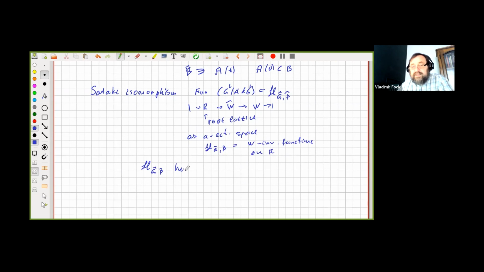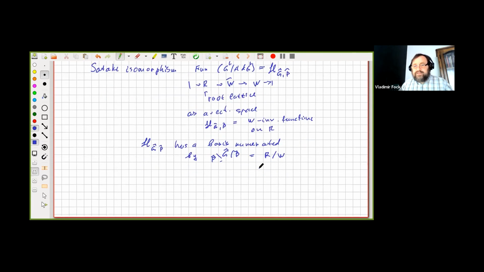So therefore it has a basis enumerated by the points of the discrete set, G hat, B hat from left to right, which is R over W, B hat.